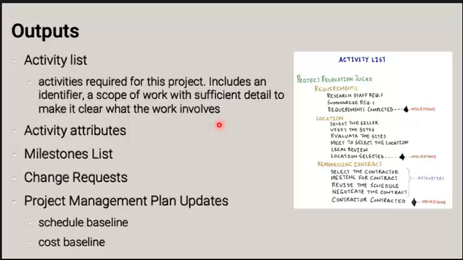A milestone is not an activity. No resources are allocated to milestones, and milestones have no duration. The duration of a milestone is 0. This is the convention that we should follow in putting together our schedules. Milestones usually mark completion of a phase or a given group of activities, like in the example over here.